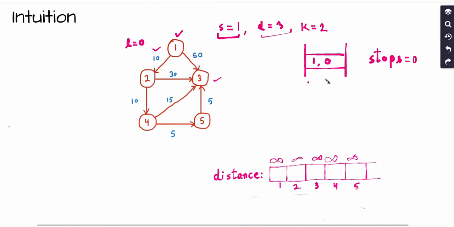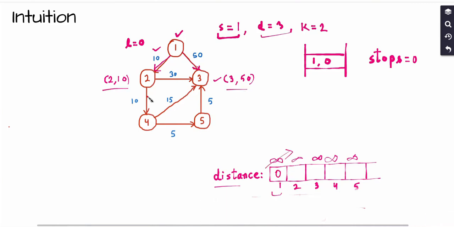Then I run my BFS and I explore the only node which is present in the queue, which is node number 1, and I move to its adjacent nodes, which are node number 2 and node number 3. The corresponding pair for these nodes would be 2, 10, and for city 3 it would be 3 and 50. The distance for city 1 is initialized to 0 because I'm starting from this city.